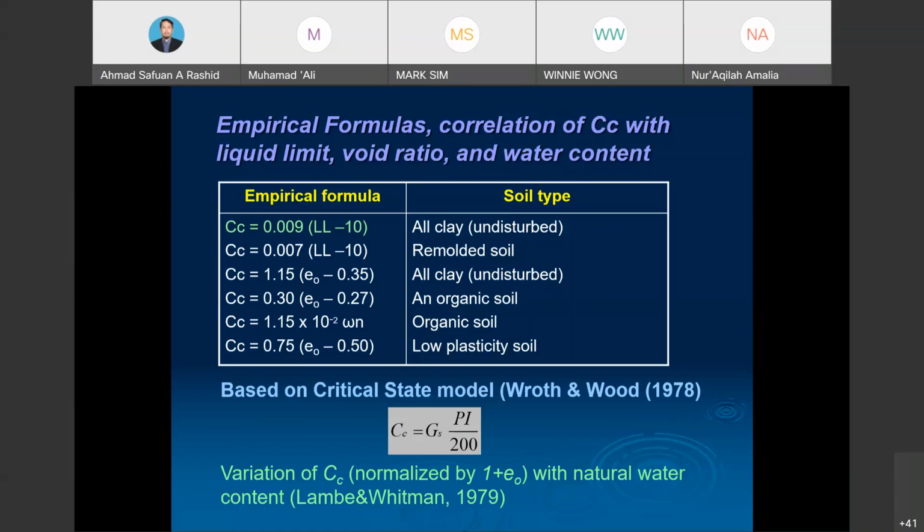That's why they are confident to use this formula directly without carrying out the odometer test. There is another approach based on the critical state model provided by Wood and Rowe, to get the CC value by using the void ratio and plasticity index. The plasticity index is the difference between the liquid limit and the plastic limit.